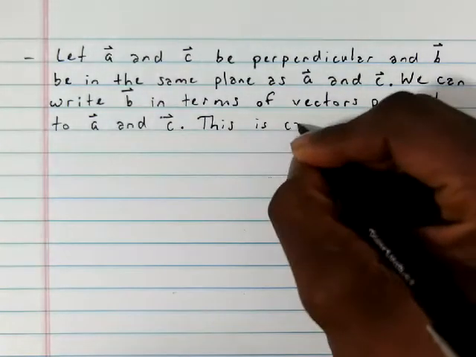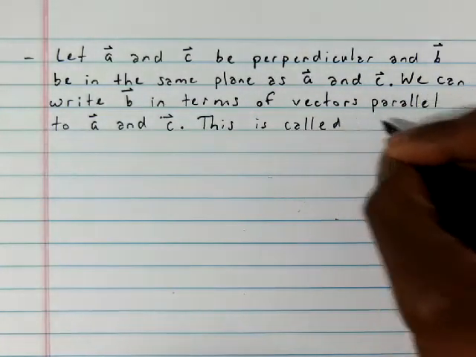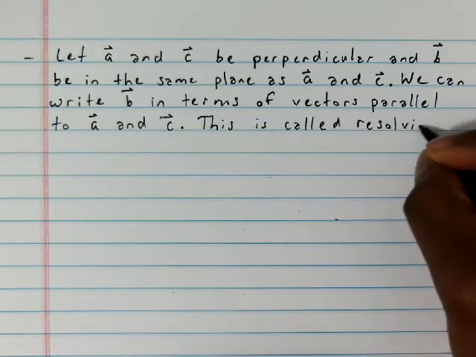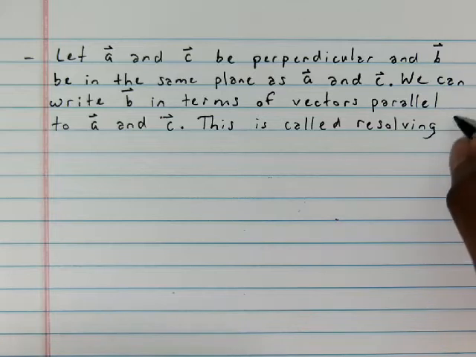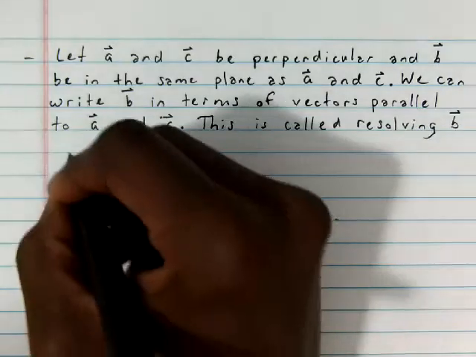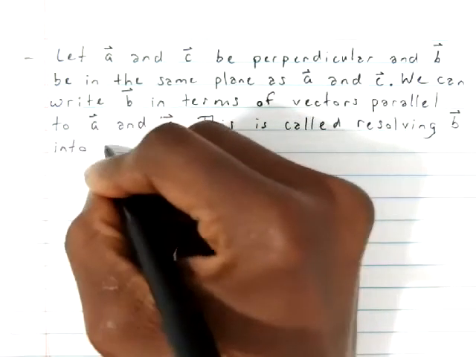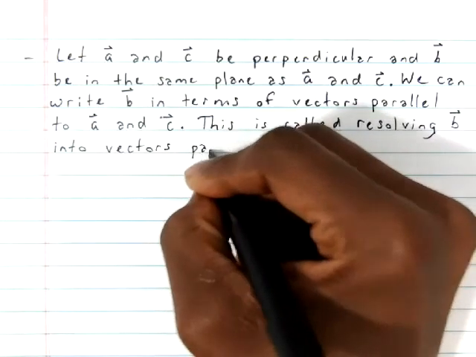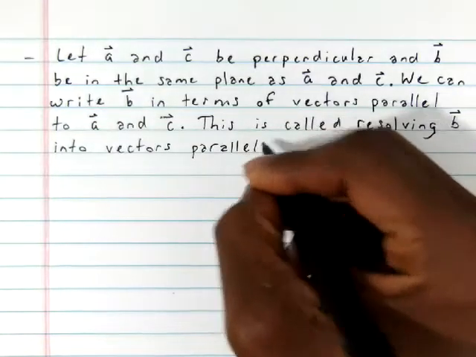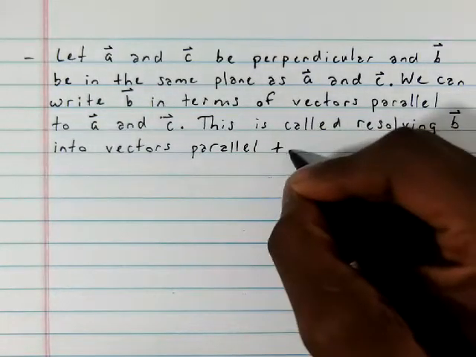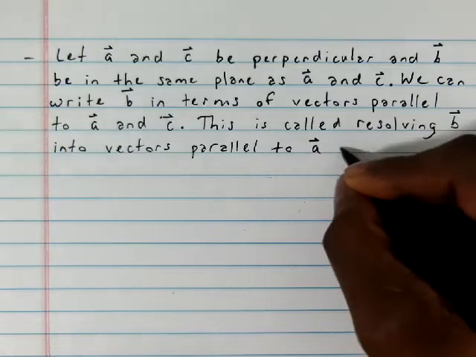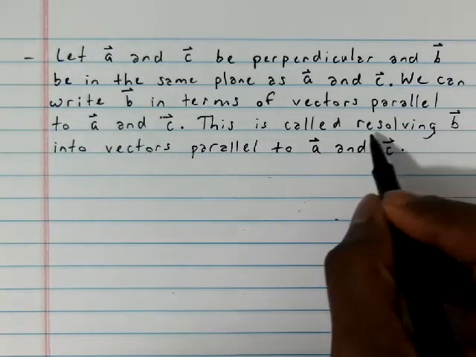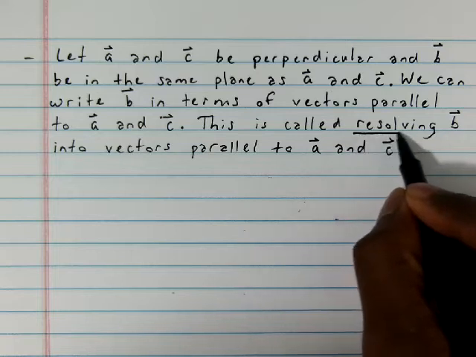This is called resolving b into vectors parallel to a and c.